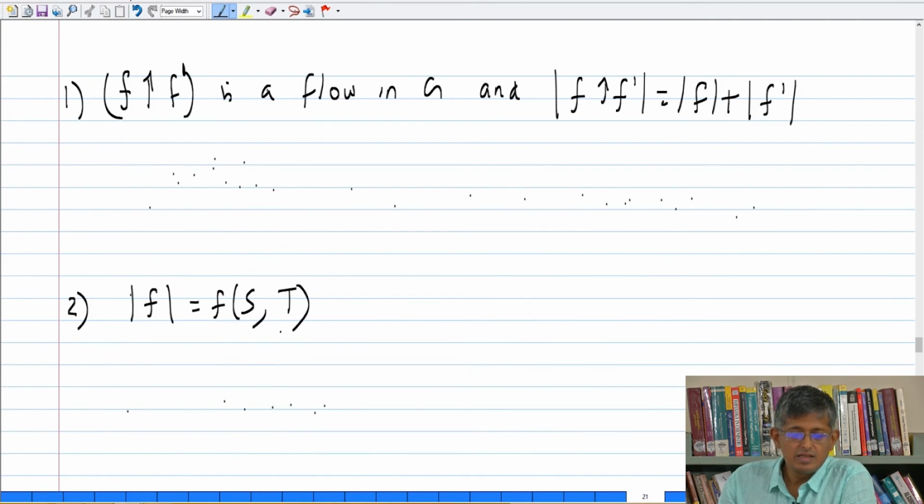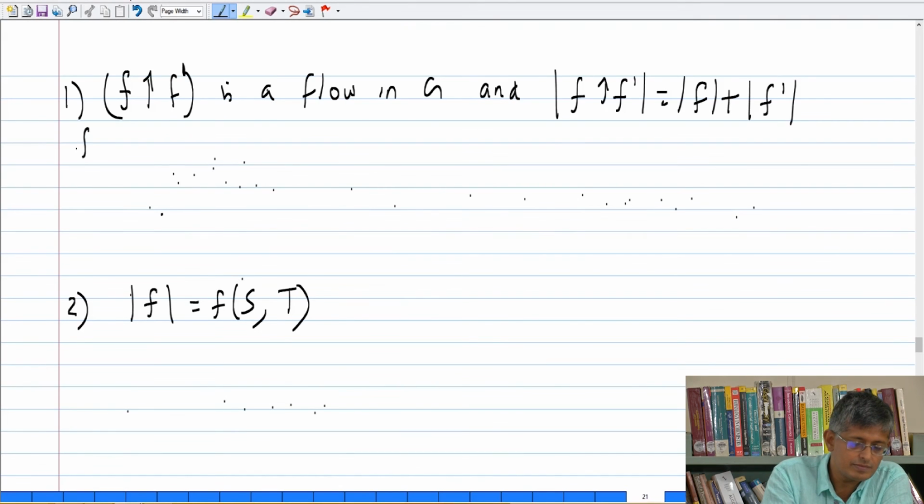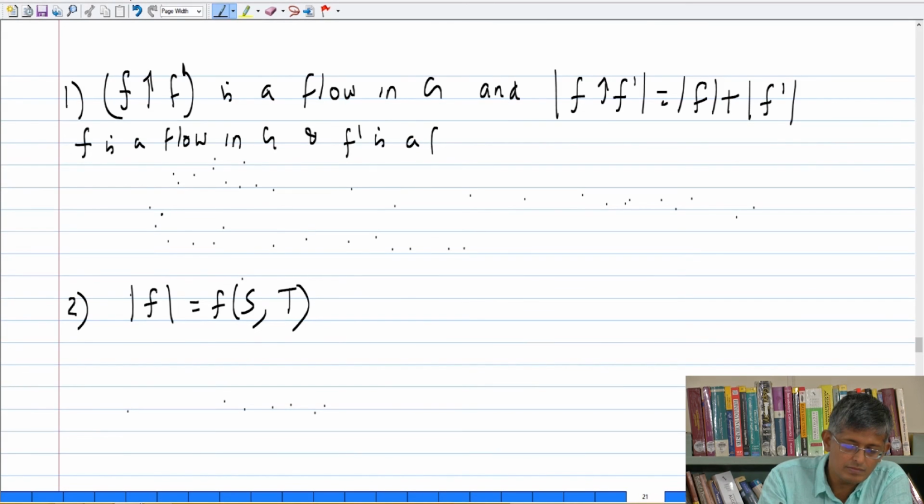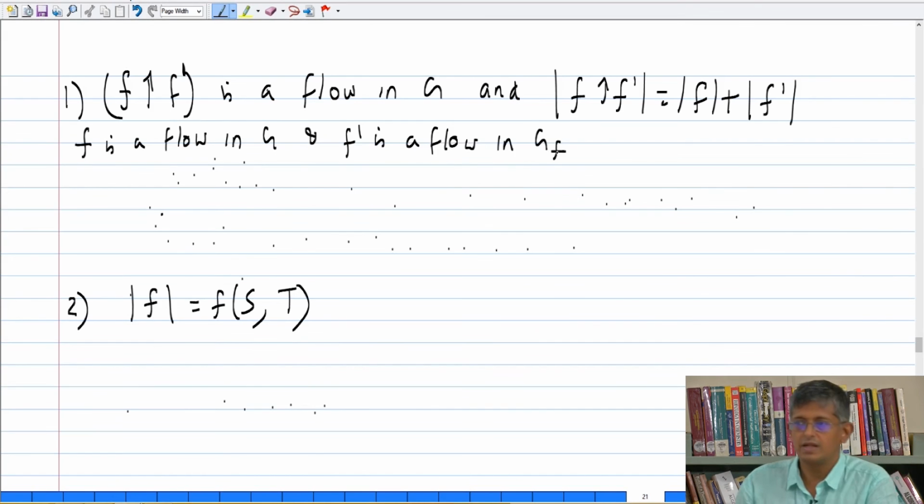To prove that, what do you know? You know that f is a flow and f prime is a flow in G_f. Now let us prove that f augmented with f prime is a flow.